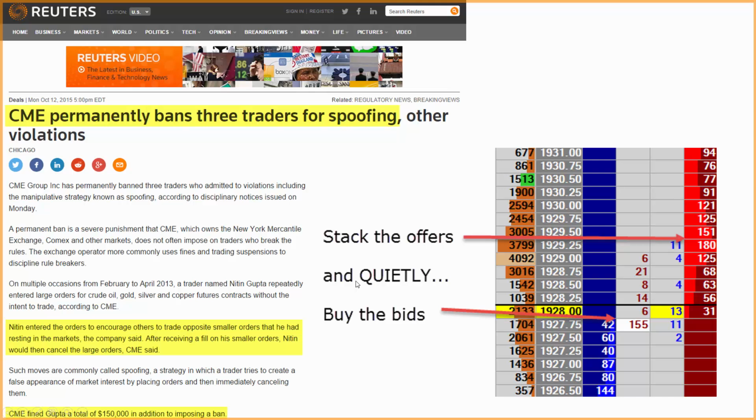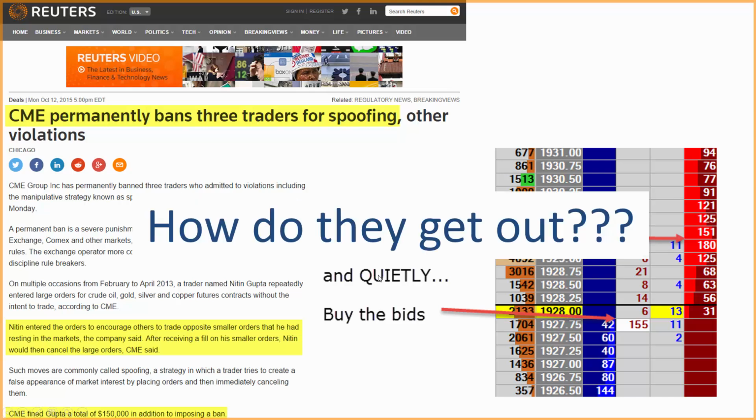Now, the art of predatory trading is not to push the market around a huge amount, but rather to let other traders do all the work. And that brings us to an extremely important point when considering the validity of any claim that an algorithm is pushing the market around.